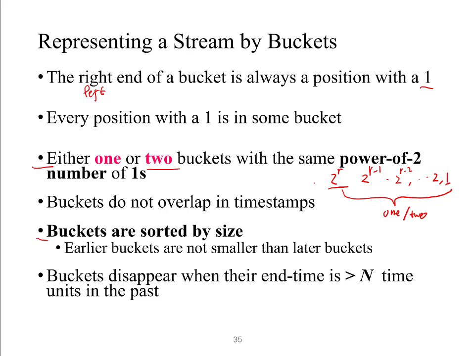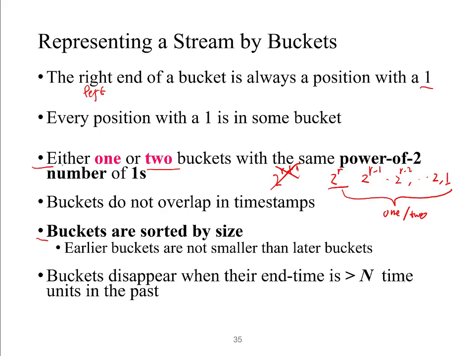But since this is the largest bucket, the bucket with the largest size in the window, there will not be a bucket with 2 to the power of r plus 1 ones. So this one does not exist.